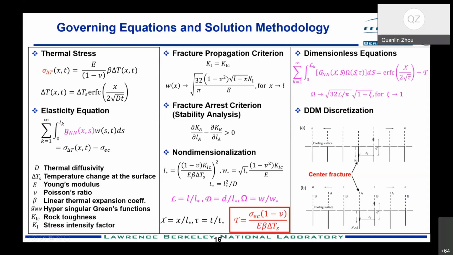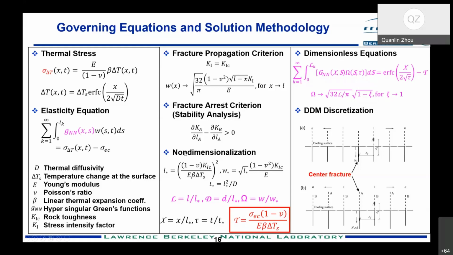That is the hypersingular Green's function. Then we have a thermal stress, and an effective confining stress, sigma EC. Of course we have a fracture propagation criterion, and in addition we have a fracture arrest criterion.